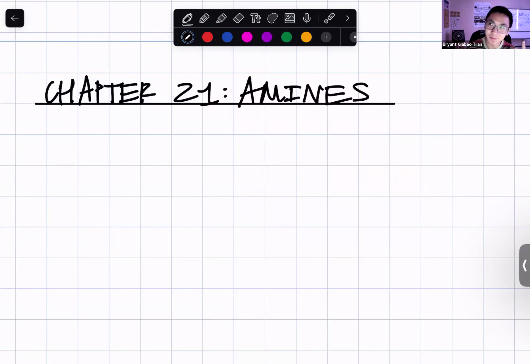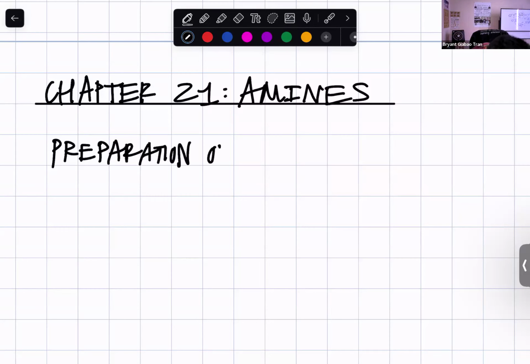There's nomenclature of amines, basicity of amines, acidity of amines. I'm gonna focus on the reactions and mechanisms of amines, and then if we have time, I'll go over the other more straightforward concepts like nomenclature, basicity, acidity, and their properties. But I'm gonna focus on the reactions first. Okay, so let's look at the preparation of amines.